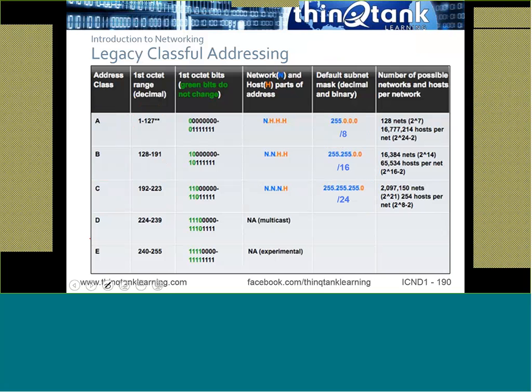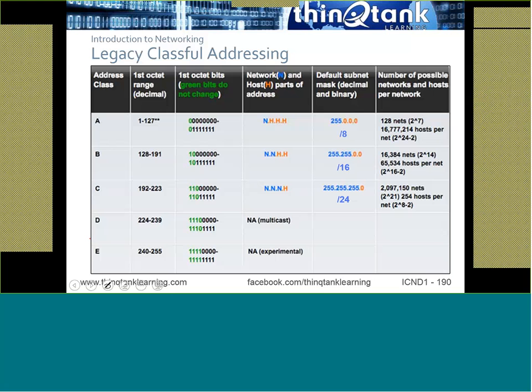So they started to write the routing protocols to actually send the subnet mask information with the routing updates so that we didn't have to assume what the mask was. Additionally, the protocol stacks on the computers were redesigned so that you could set the mask instead of assuming the mask, and so on.